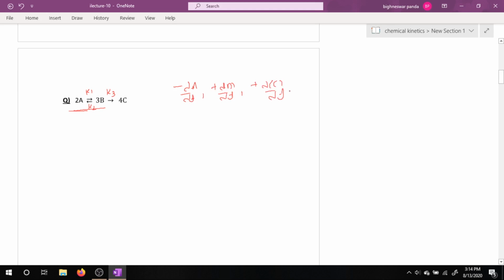Before solving this kind of problem, I have to write the mechanism of the reaction, and the mechanism is as follows.